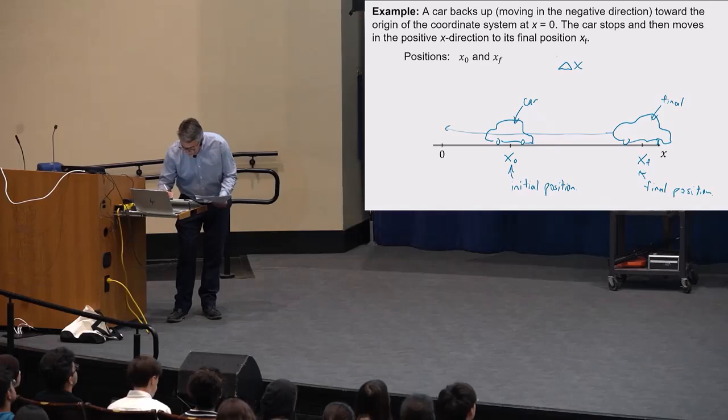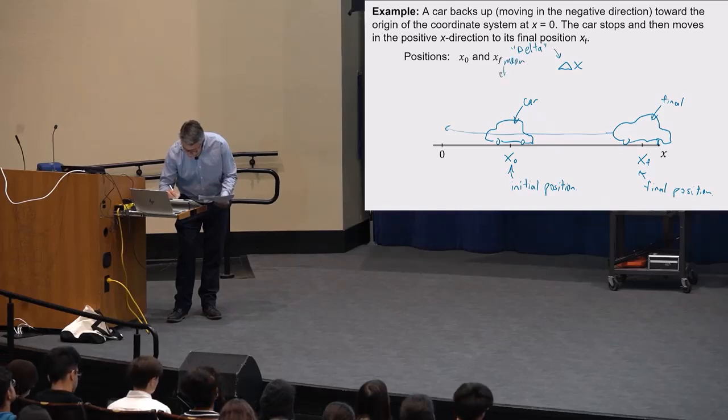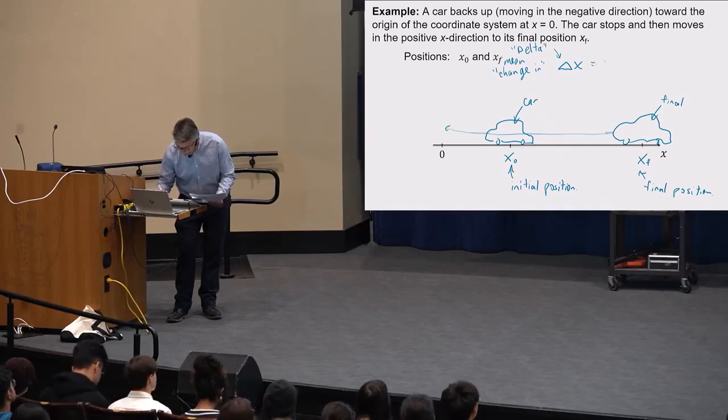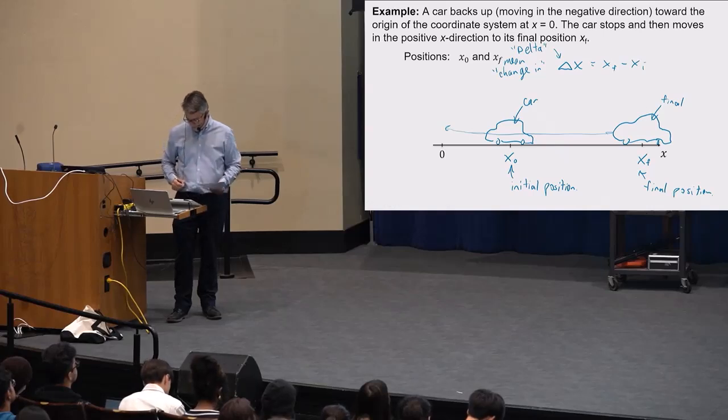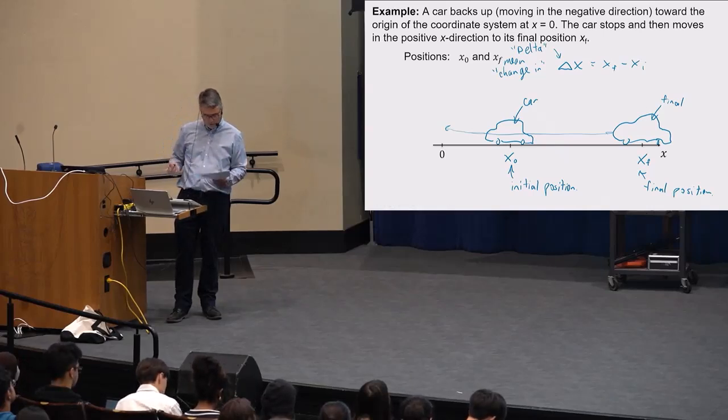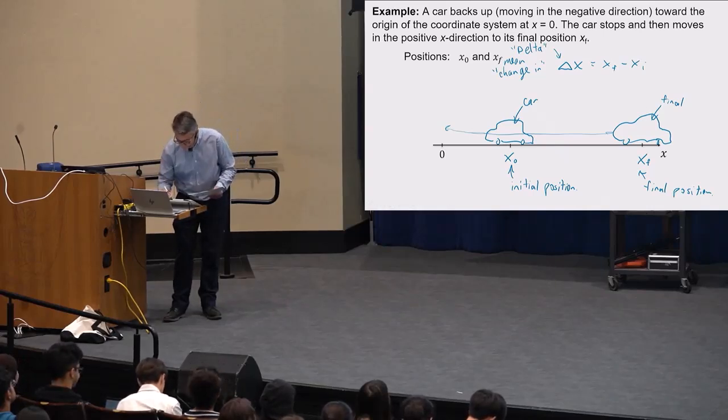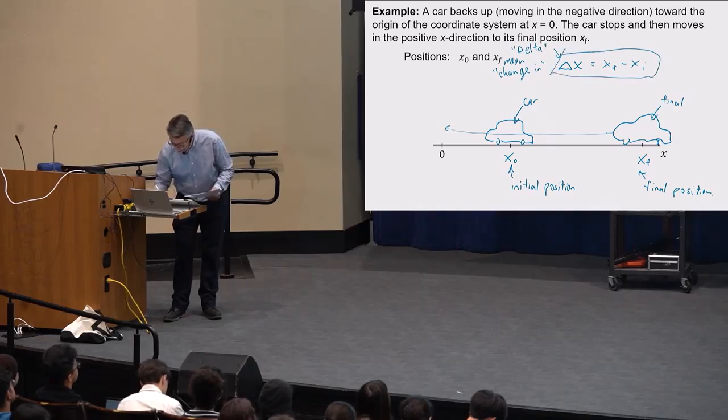X, this is delta. It means change in. The change in x is equal to x final minus x initial. And so it includes a direction. This is called displacement.